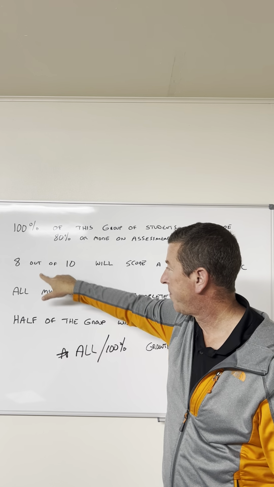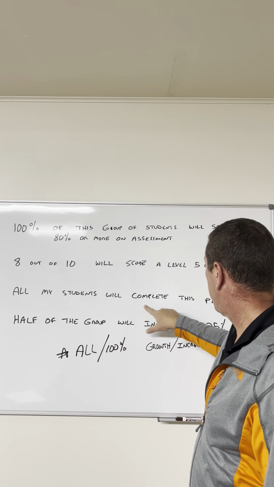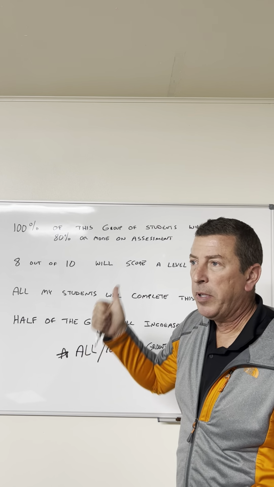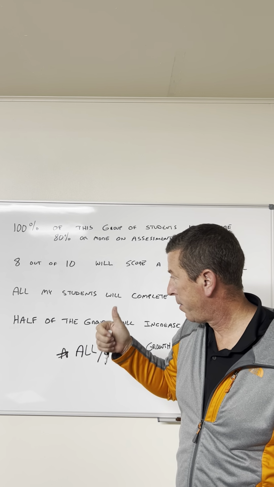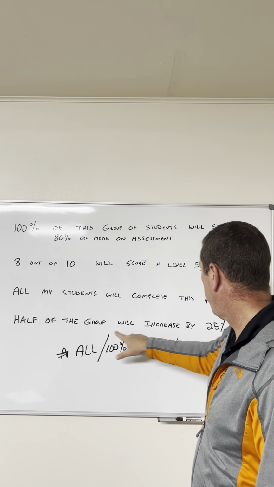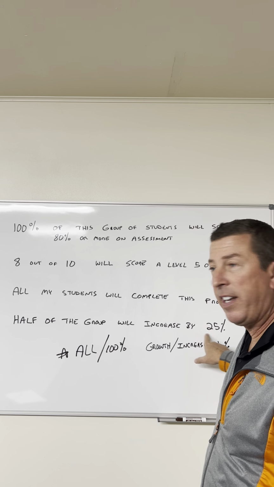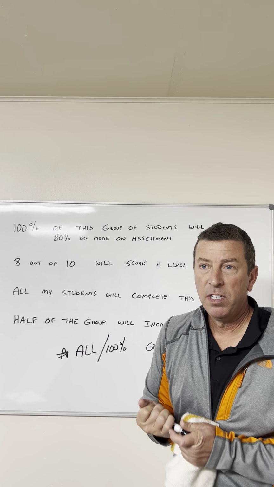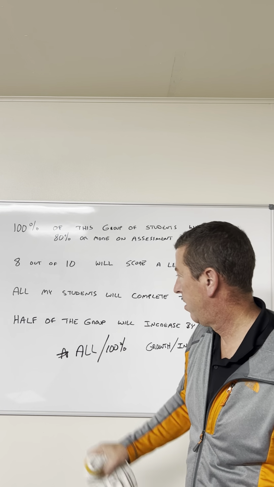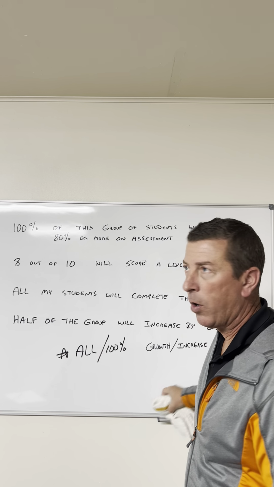Has to be all. All my students will complete this project. Completing a project is not showing me the growth or increase. Half of the group will increase by 25%. Hey, it has increased by 25%, but the word half doesn't work. Goal has to have two things, all and growth.